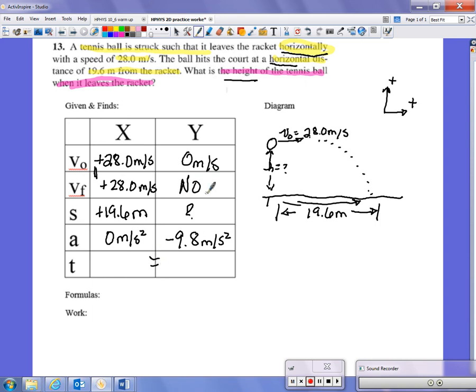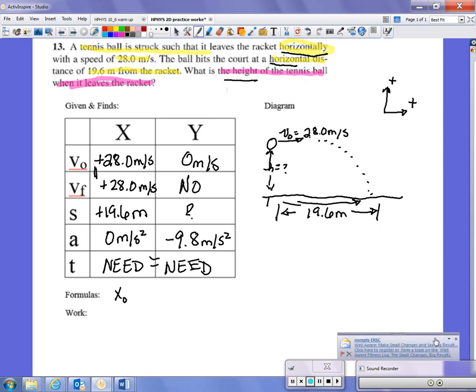As I look at this, I have three unknowns in the y direction. I can't find anything from that. So that means I will need the time in order to find my final variable. And you can see I have enough information in x to be able to find t. So I'm going to use x equals v naught x t. I'm going to solve that for t.